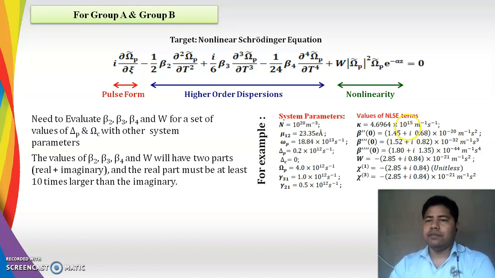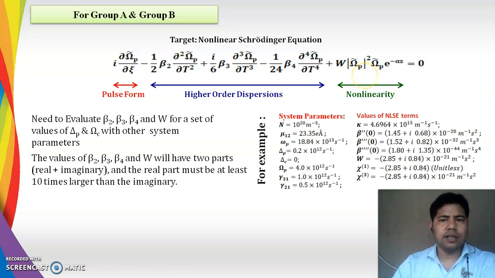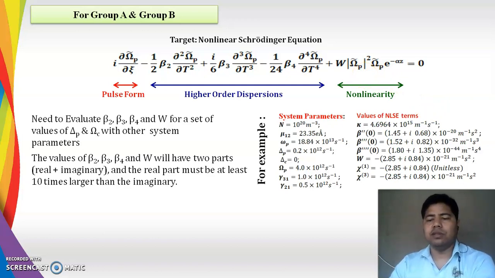If the imaginary part is larger, then we cannot drop it. So for all these parameters, like beta 2, beta 3, beta 4 or W, the real part should be taken and the imaginary part neglected, and we can do that only if the imaginary part is smaller than the real part. Okay, so we are coming now to the next part.